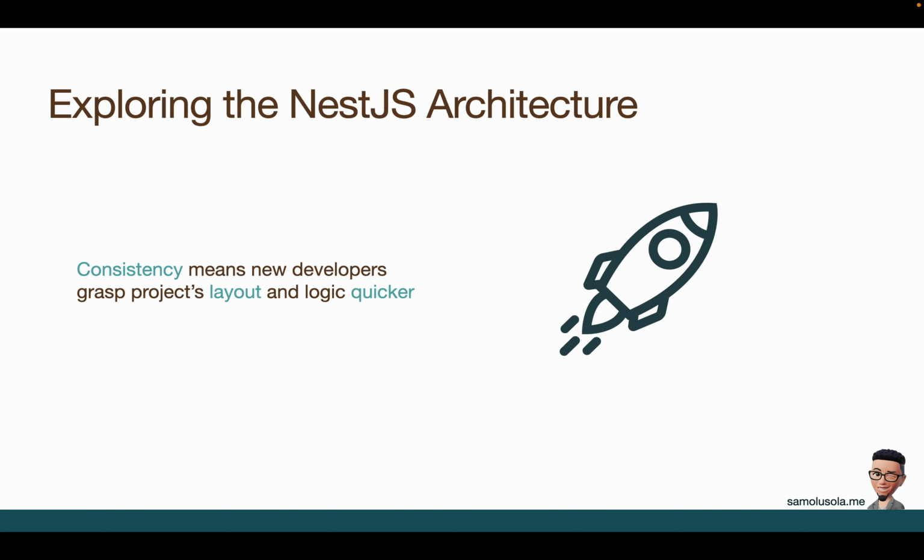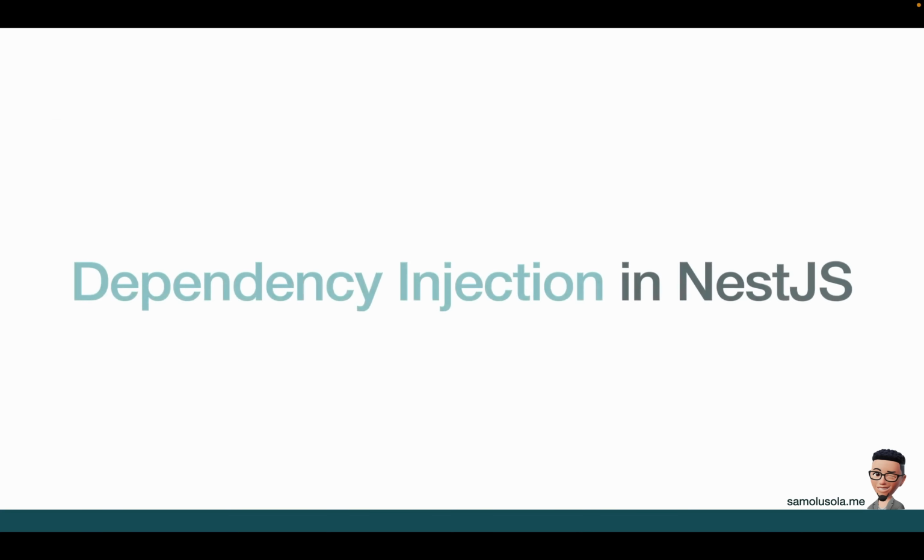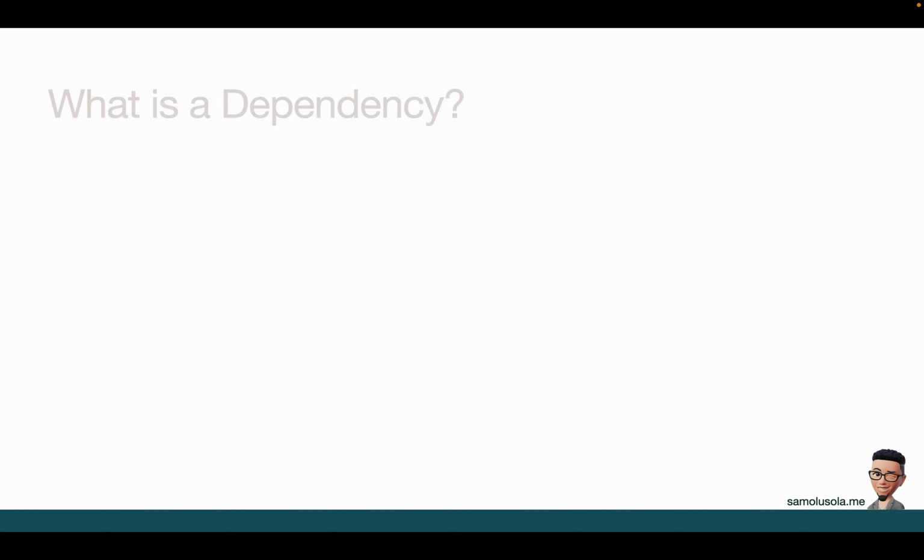You can write your Nest application without understanding this concept, but understanding it, in my opinion, is one of the ways to understand how Nest itself works, and it will help you to debug your Nest application better. And that concept is dependency injection in Nest. We are going to be talking about what a dependency is and how Nest enables us to manage dependencies properly.